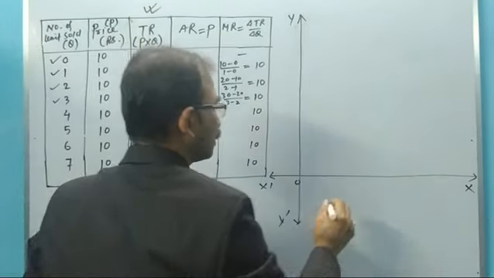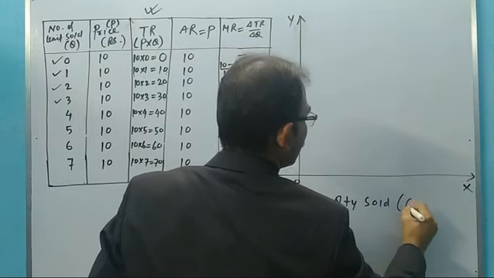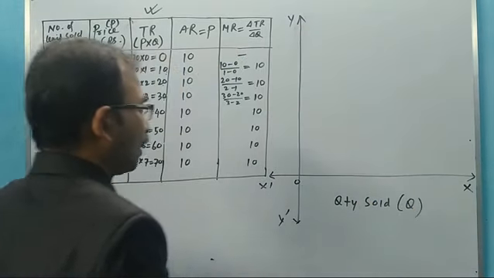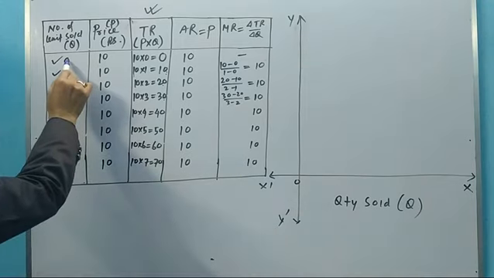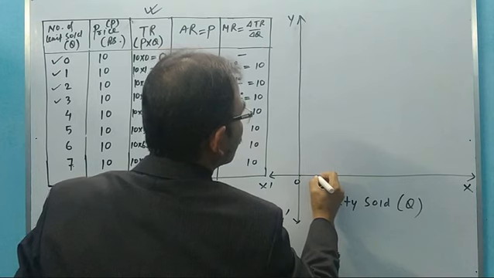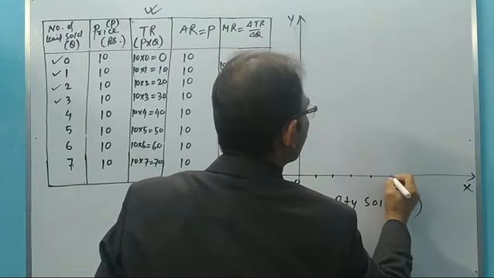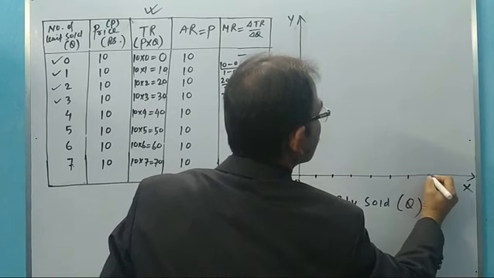X axis denotes the quantity sold, that means Q, and taking coordinate points from 0 to 7: 0, 1, 2, 3, 4, 5, 6, 7.